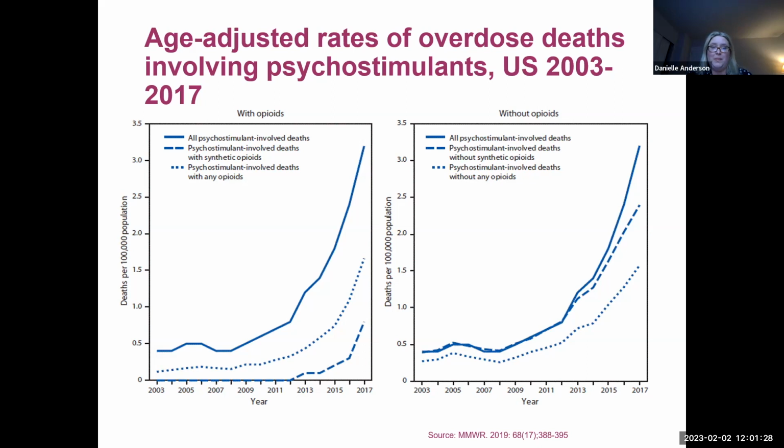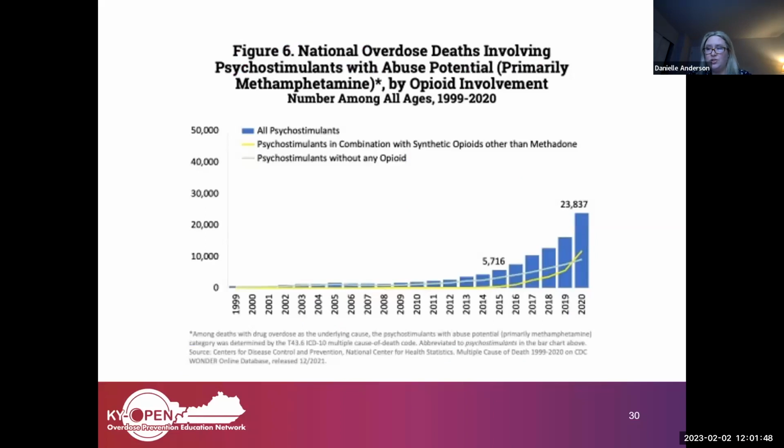So what I want you to take away from this is that all stimulant overdose with opioids and without opioids have really been increasing since the early 2000s. And here's another chart, maybe a little simpler, highlighting similar information through 2020.